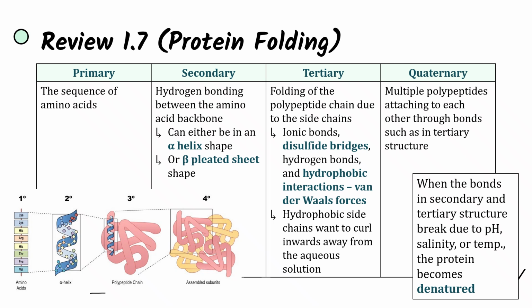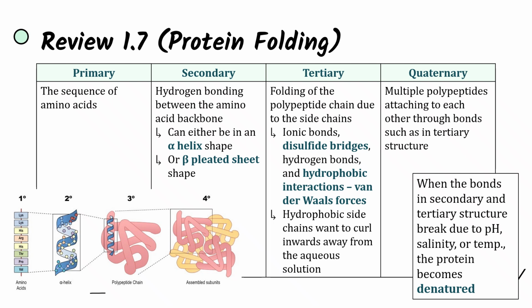Then in tertiary structure, the secondary structure was just the amino acid backbone folding. Now we have to take into account all of the side chains. These can lead to ionic bonds, which are between a positive and negative ion, disulfide bridges between two sulfhydryl groups, hydrogen bonds, which we've already seen, and also hydrophobic interactions, also known as van der Waals or London dispersion forces.